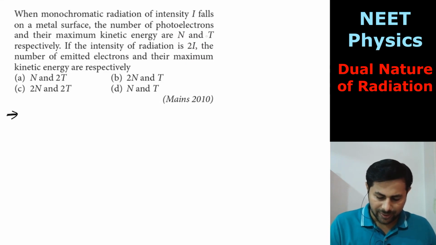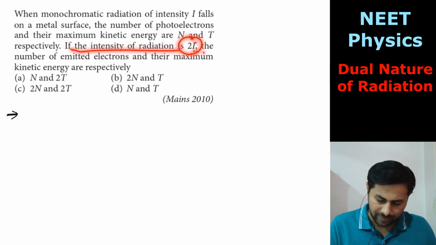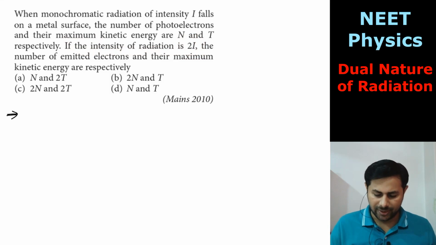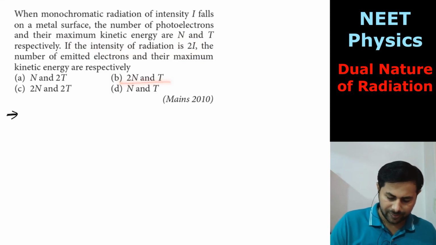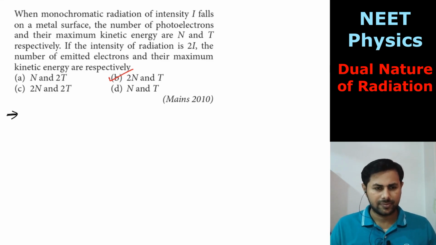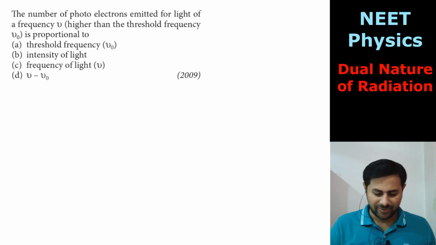The number of electrons coming out doubles if you double the intensity, and the kinetic energy we have seen is independent of the intensity, so that's why it's option B. Right, this is simple. Everyone? Yes, Nikita, Indusha. All right, good. Okay, let's see next one.